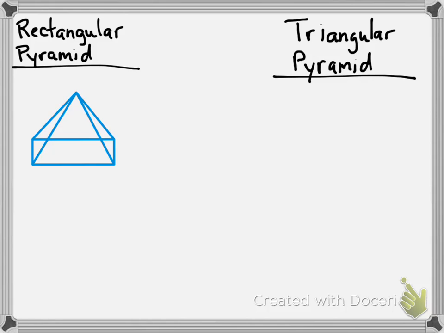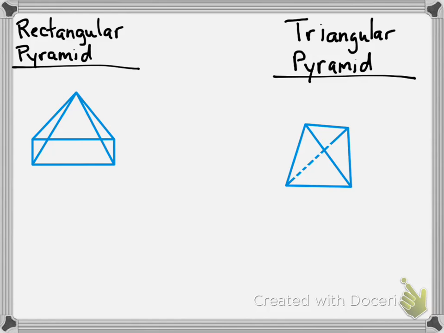Rectangular pyramid just means it has a polygon on the bottom, and it comes up to a point on the top. Well, for a rectangular, it means that polygon is a rectangle. And then for a triangular, it means that polygon is a triangle. There's my triangle on the bottom, and then I have the point on the top.